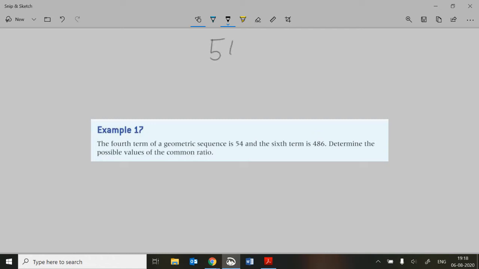So 54 equals a times r to the n minus 1, but n would be 4, so 4 minus 1, which is 3. The sixth term: 486 equals a times r to the power of 5.